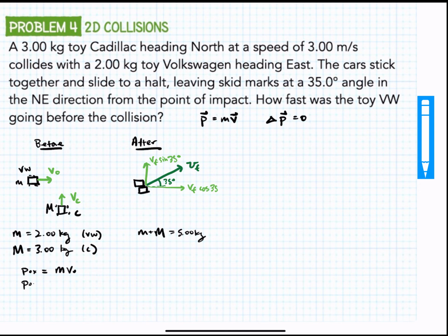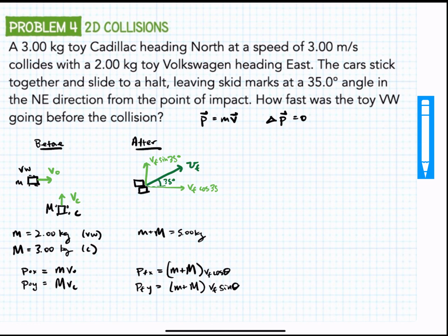And our momentum in the y direction is going to be big M V Cadillac. Now in the later part, our final momentum in the x direction should be m plus M v final cosine theta, and in the y direction is m plus M v final sine theta, where theta is 35 degrees.